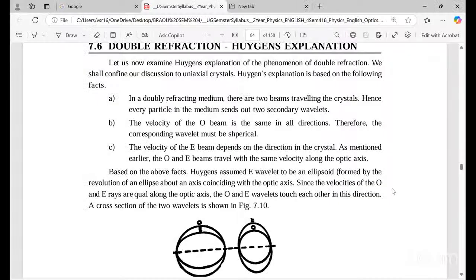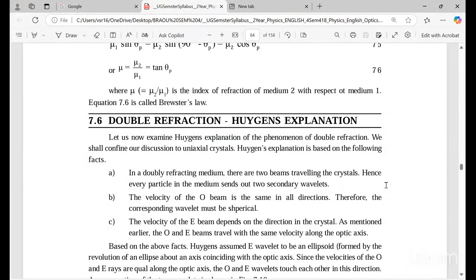Double refraction. So double refraction by Huygens explanation.